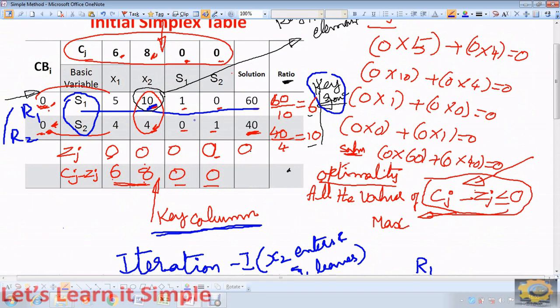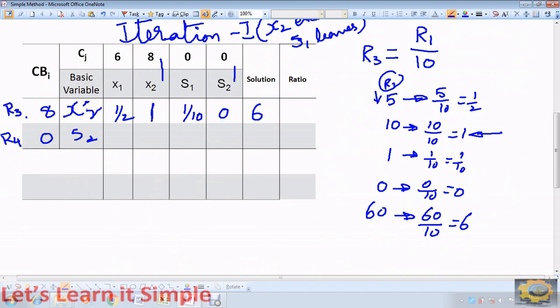The key row is s1. So in the place of s1, I need to bring x2 here. So that's what I did here. So R3 is filled up. In R3 we have 8, from the quotient of the basic. X2 comes into the solution. We have 1 by 2, 1, 1 by 10, 0 and 6.